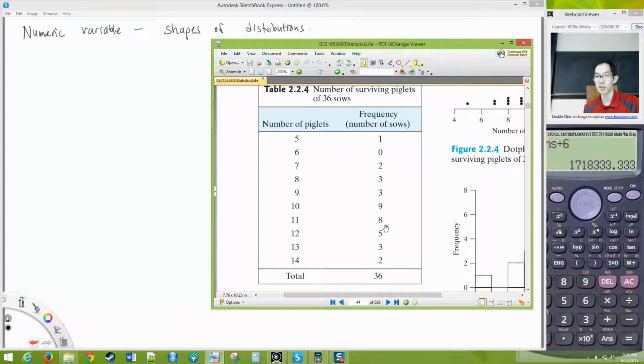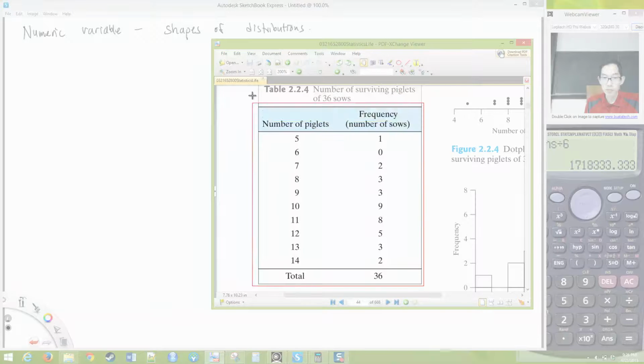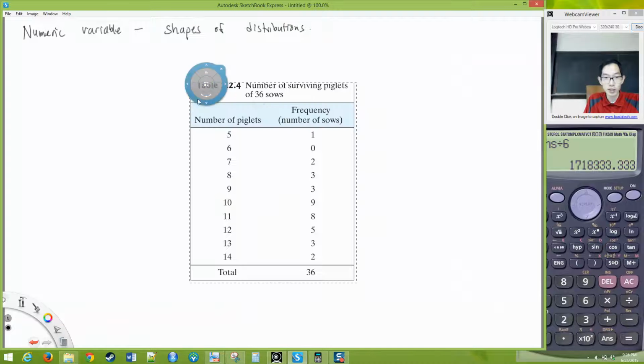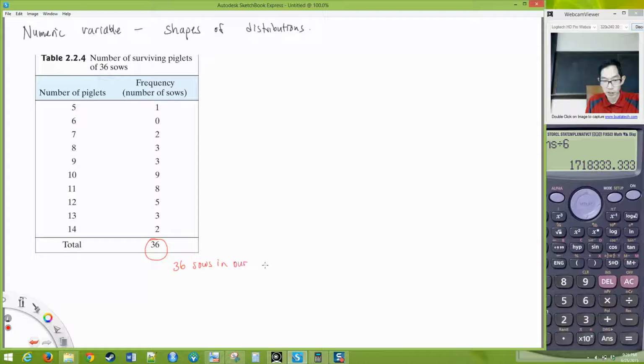Okay, so maybe I'll just include this, and I just want to make sure we can read what this table says. Okay, so this means 36 sows in our sample. Okay, one sow had 5 piglets survive.